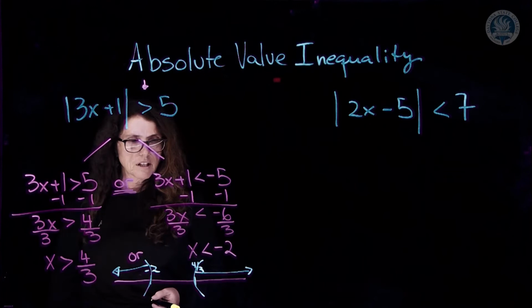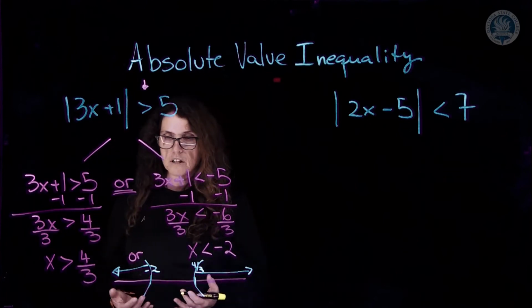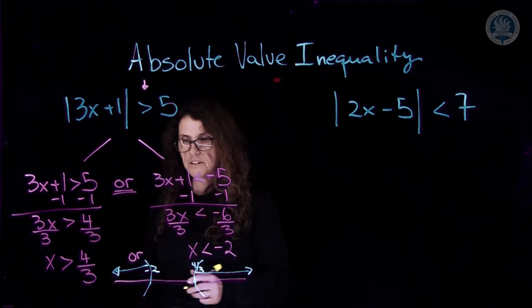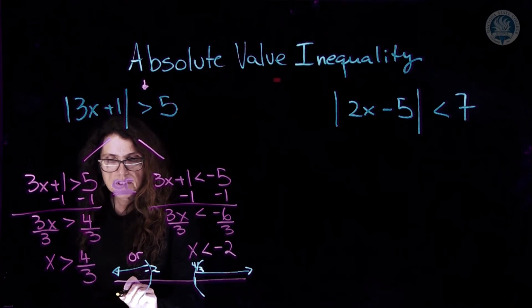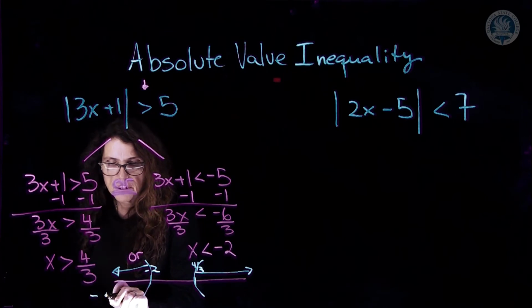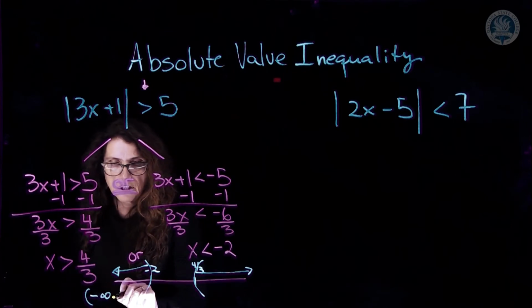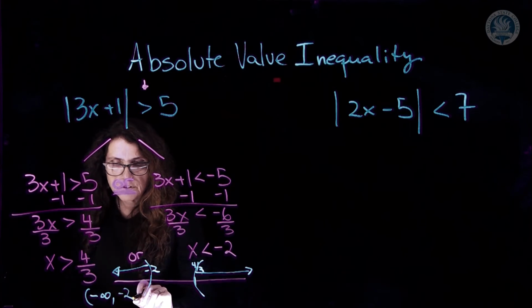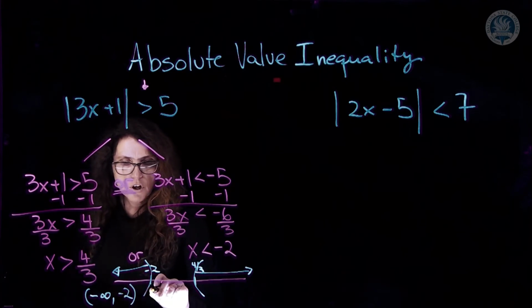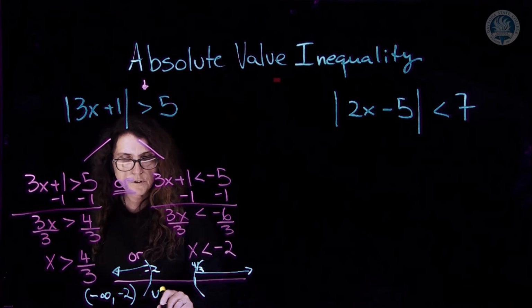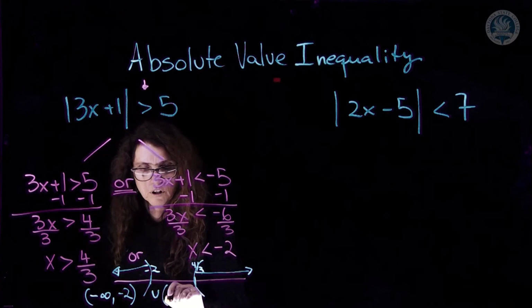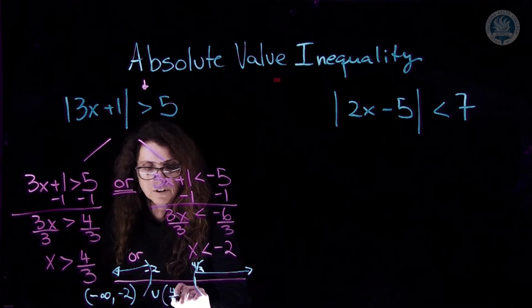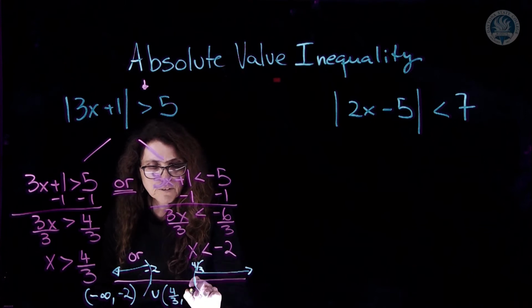In interval notation, two parts. Two-part interval notation. We start on the left-hand side, which is going to negative infinity, comma, negative 2, parenthesis, union for or, 4/3 to, where do we end up?